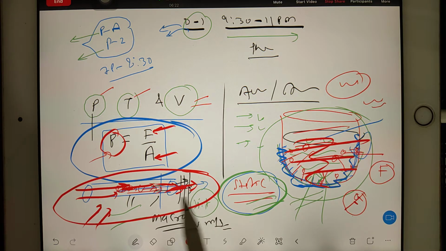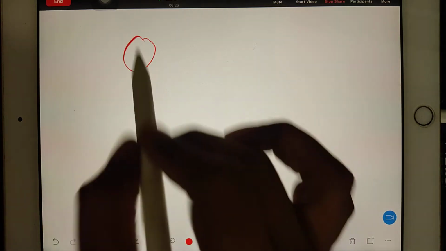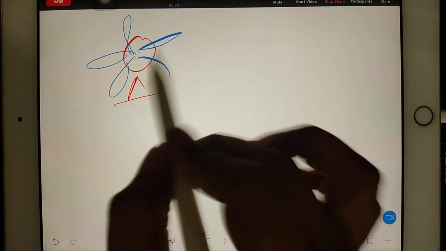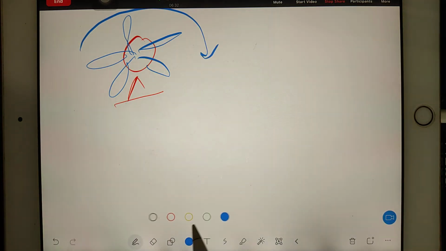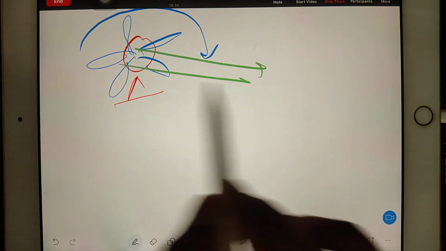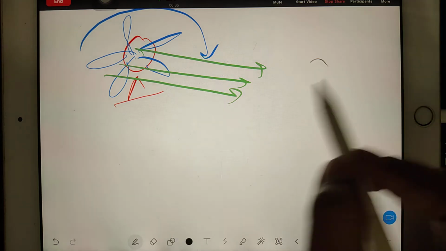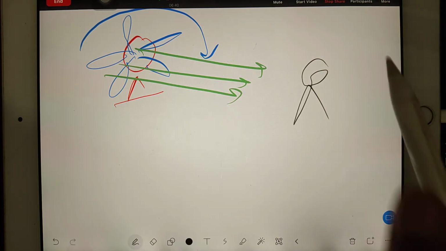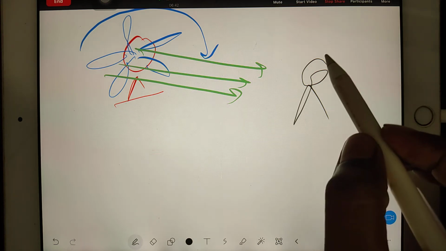So because of velocity you are experiencing pressure. For example, suppose this is a fan rotating in this direction, and because of that air is coming, and you are standing in front of the fan. Suppose you have long hair, like I love long hair, I have long hair.